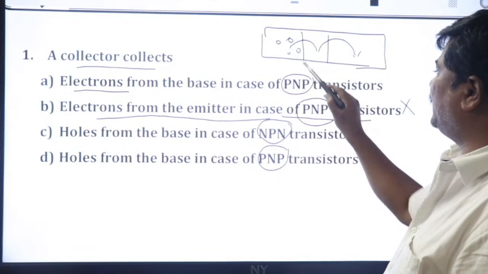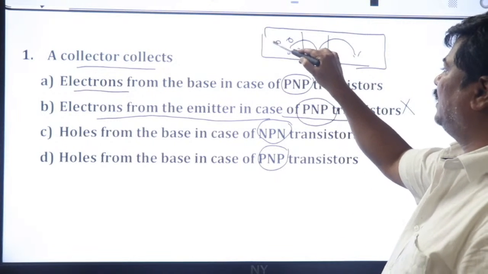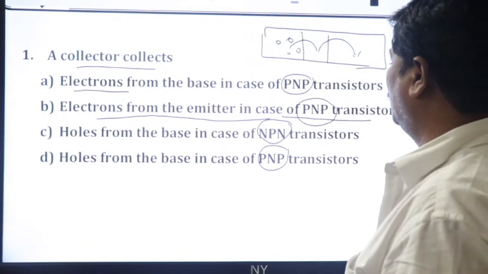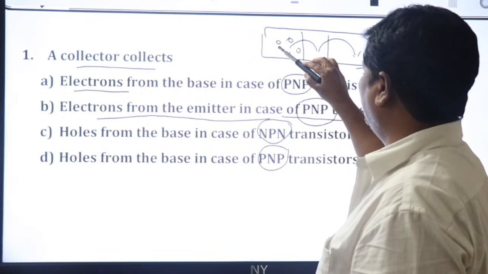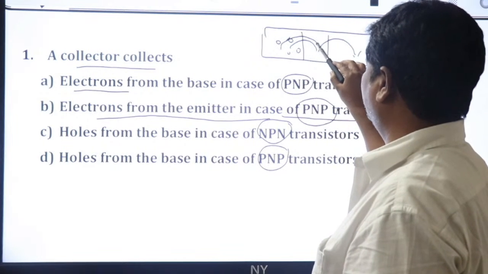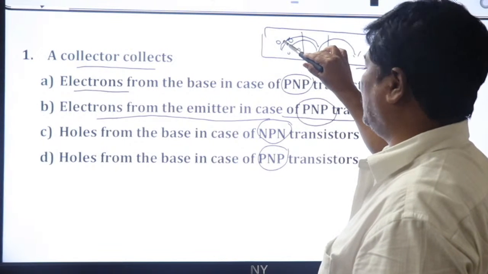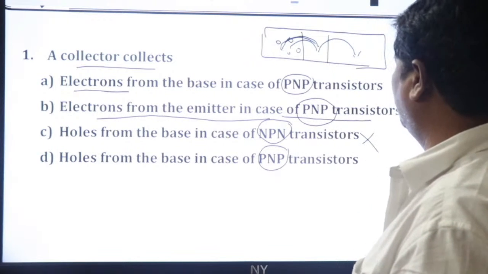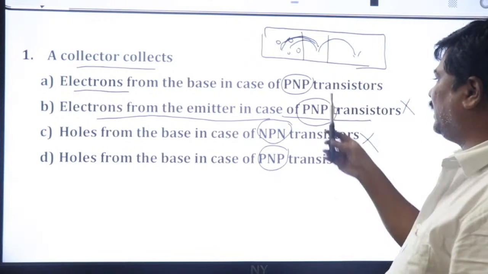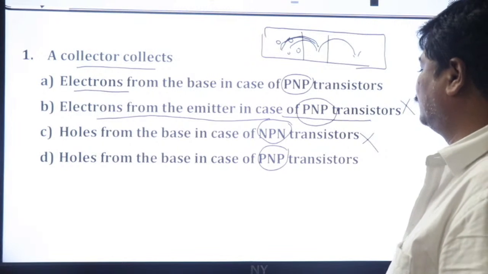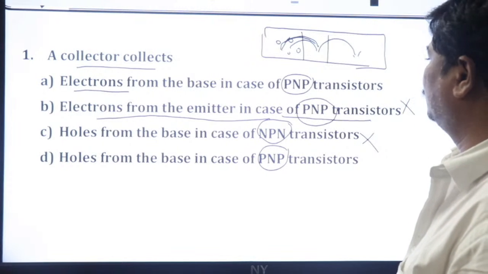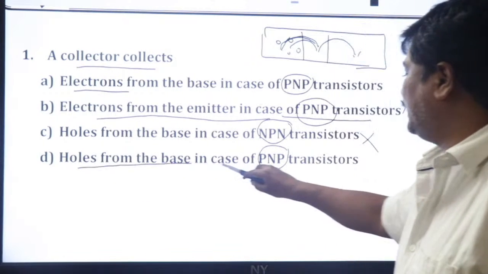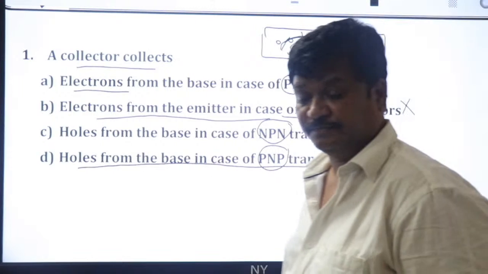In the PNP transistor, in the emitter we have holes, not electrons. So electrons from emitter, this is also not possible. Holes from the base in case of PNP transistor.